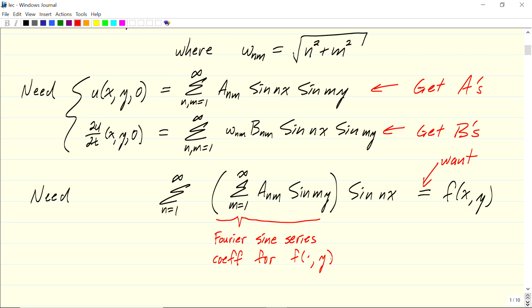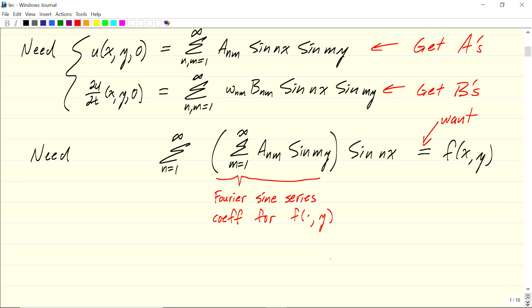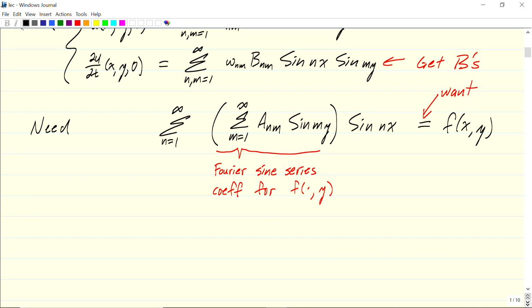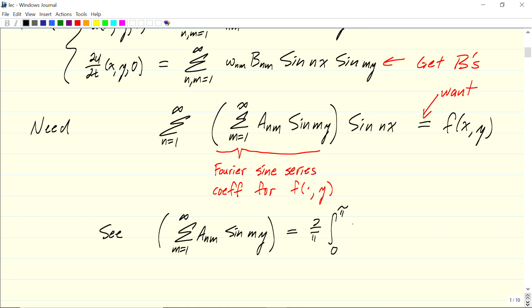Okay, we know a formula for that thing. So we see that this sum as m goes from 1 to infinity, A_nm sine my, that's the Fourier sine coefficient, which is 2 over pi, integral from 0 to pi of f of x, y is being held fixed.